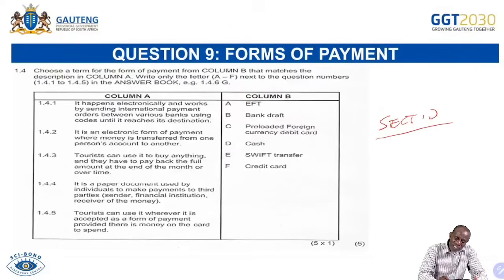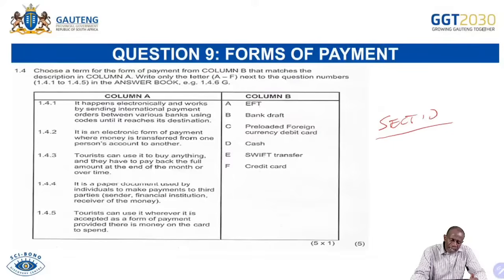So this is your question 9. This was deliberately put here as a form of revision to one type of question that is likely to be asked in question 9, and that is your forms of payment when traveling abroad.